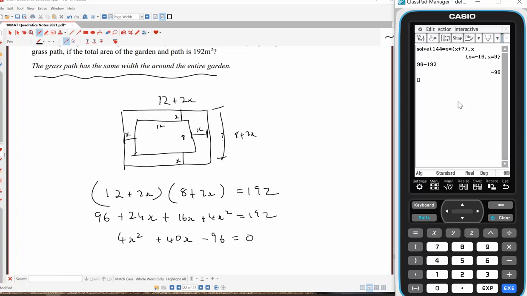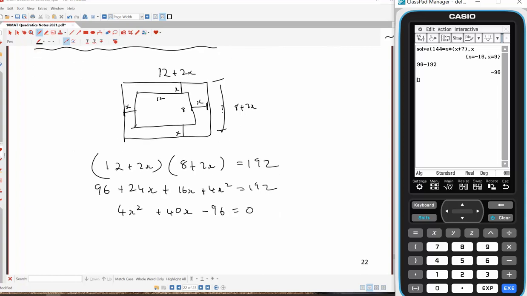Alrighty, so what will make this a little easier is if I factorize the 4 out, or pull the 4 out. So let's go 4 times x squared plus 10x minus 24, since 96 divided by 4 is 24. Probably should have known that one.